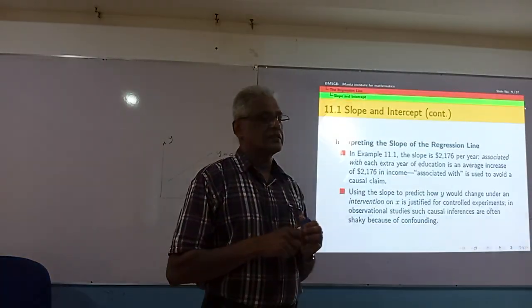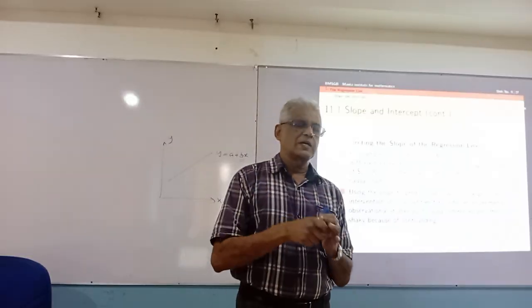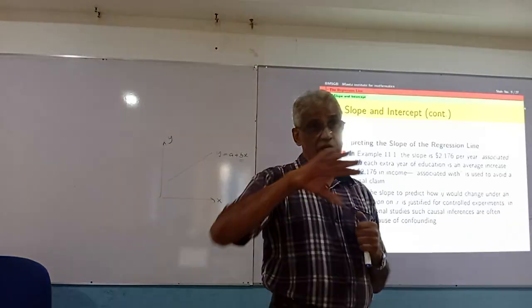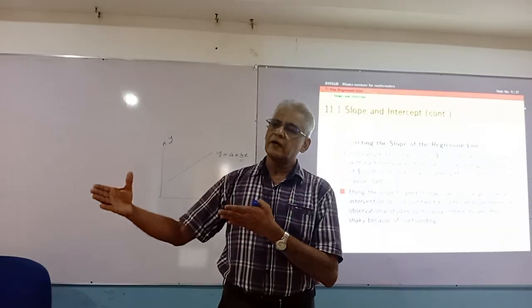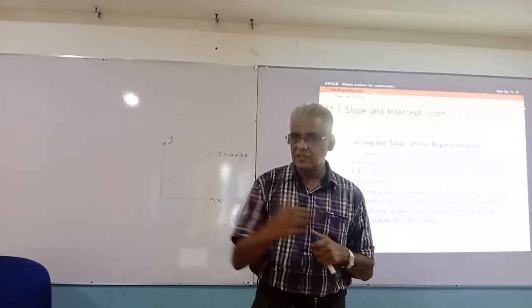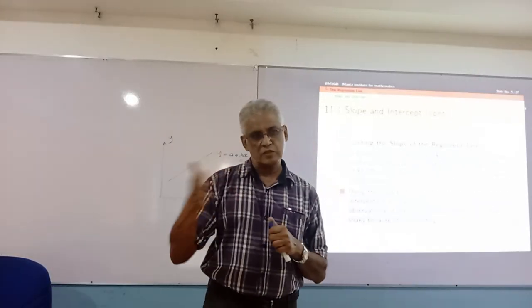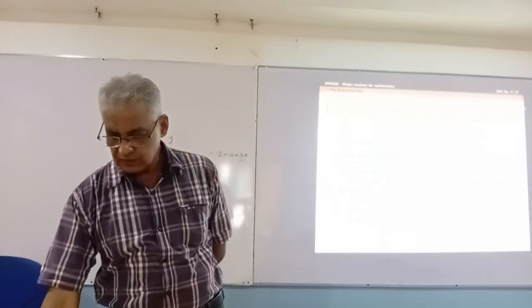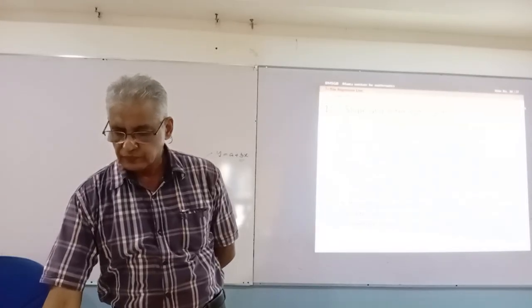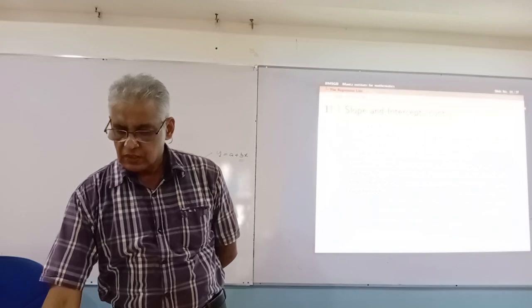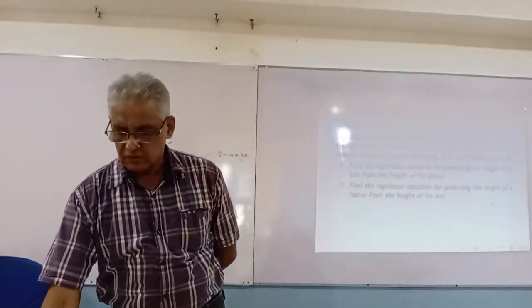You say it is the average change in y associated with an increase of x. When you say associated, it doesn't really mean physically changing, right? So that's the difference between two x values, 1 unit apart.